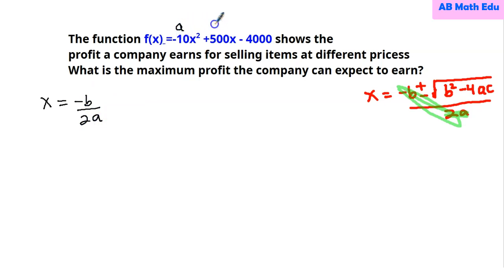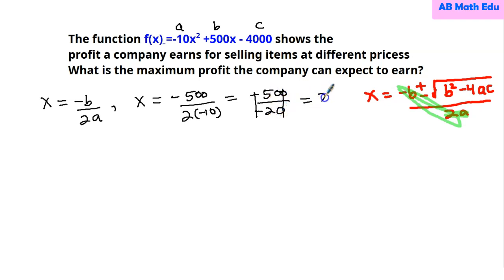This is our a, b, c. x is equal to negative 500 and then 2 times negative 10, which gives us negative 500 over negative 20. If you don't have a calculator, just cancel that, and then 50 divided by 2 gives us 25.